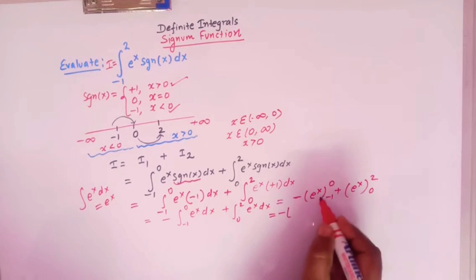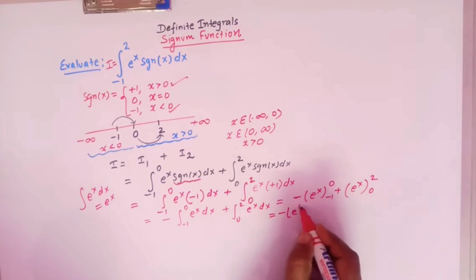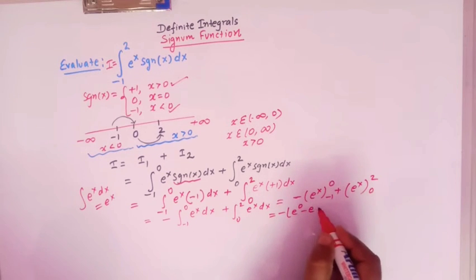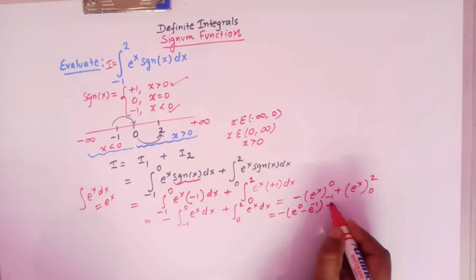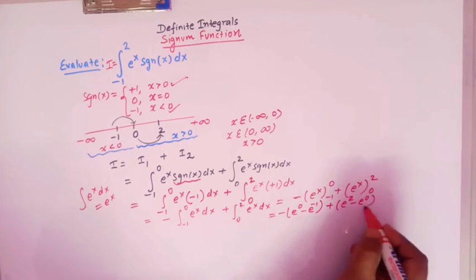Now we simply substitute the limits and take the difference. So we have minus (e raised to 0 minus e raised to -1), and here we have e square minus e raised to 0.